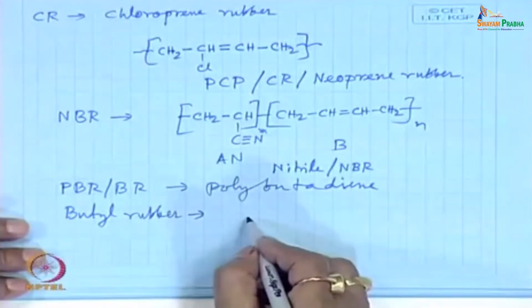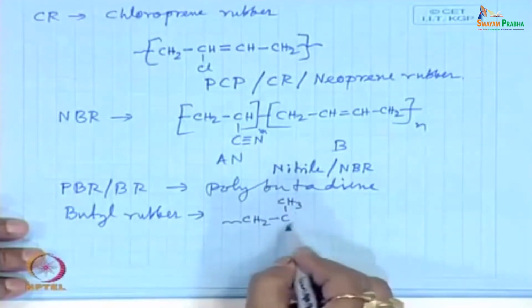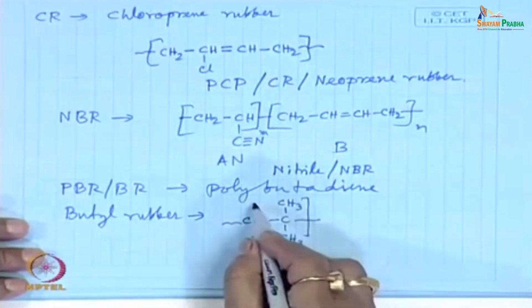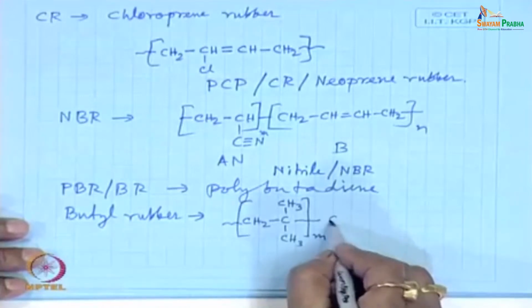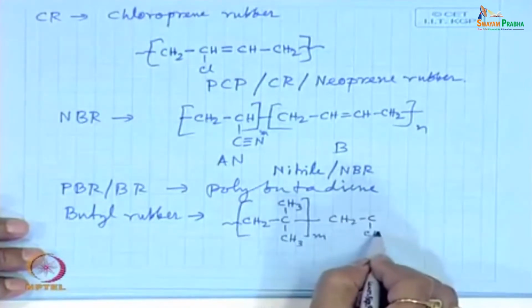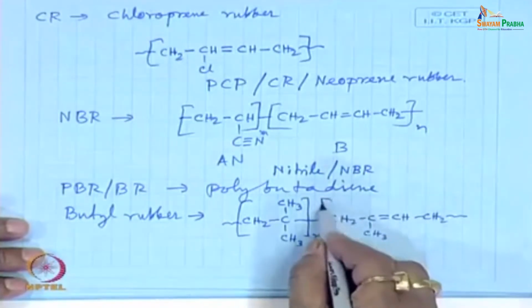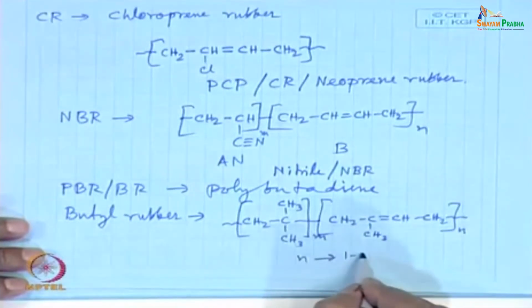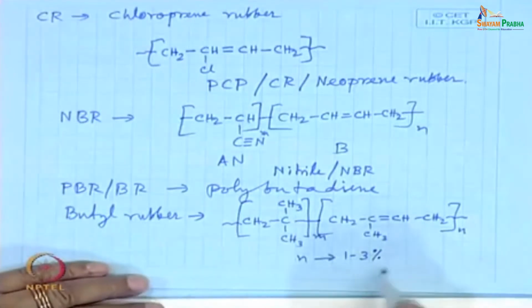Butyl rubber, it is a polymer of polyisobutylene, where n is only 1 to 3% comonomer percent. This is actually butyl rubber.